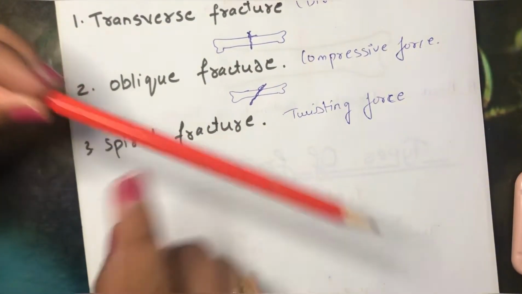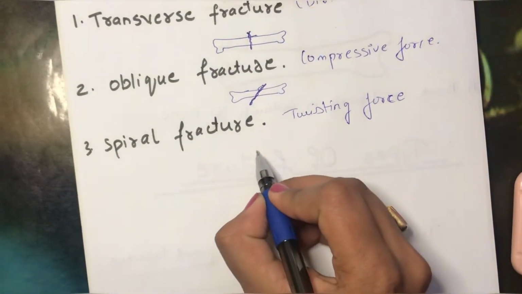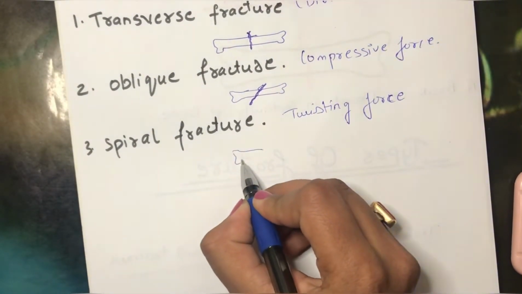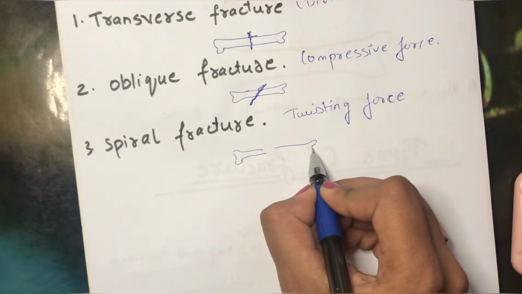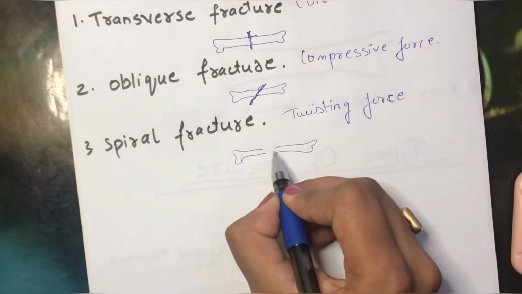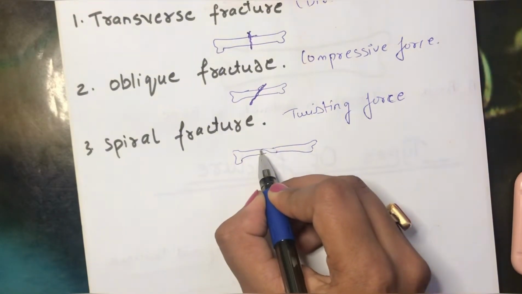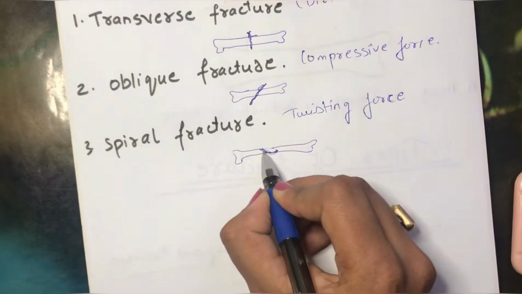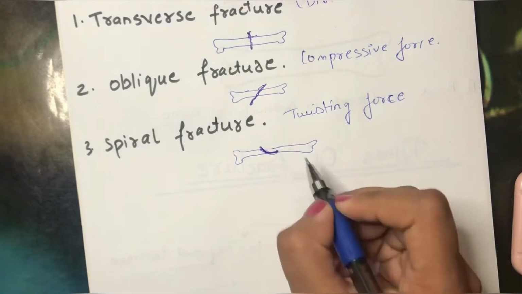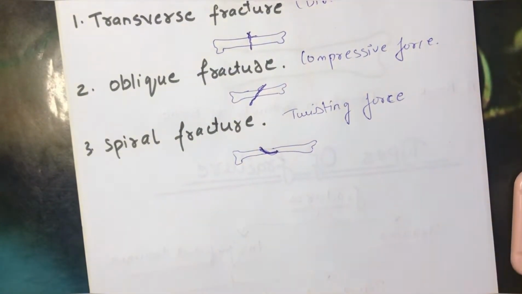So this causes a spiral fracture in the bone. I will make a diagram of a spiral fracture to make it clearer. For example, here the bone is twisted and fractured. So this is a spiral fracture.